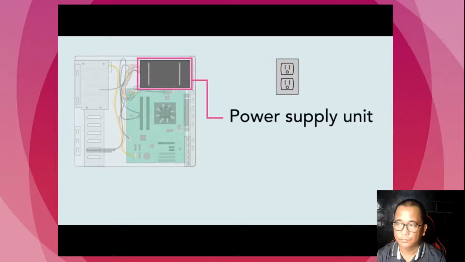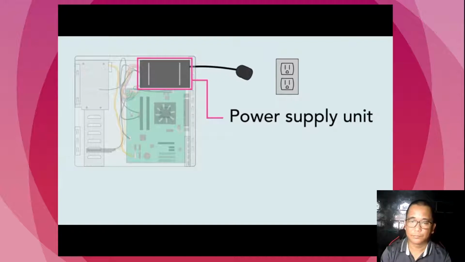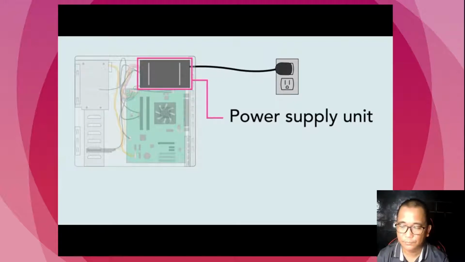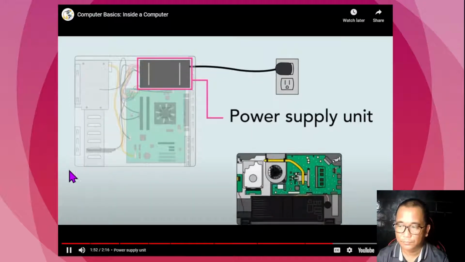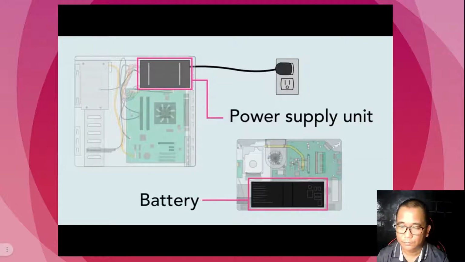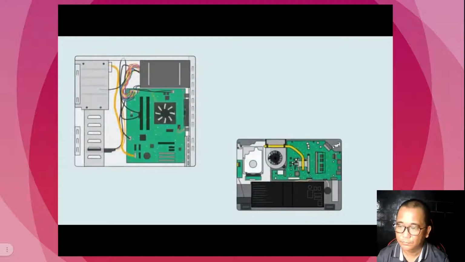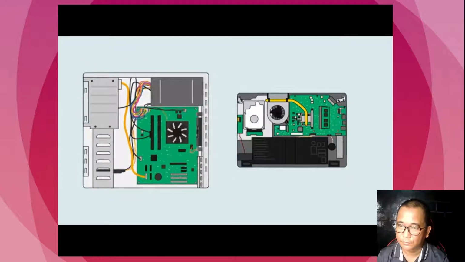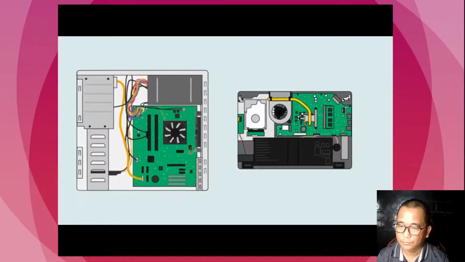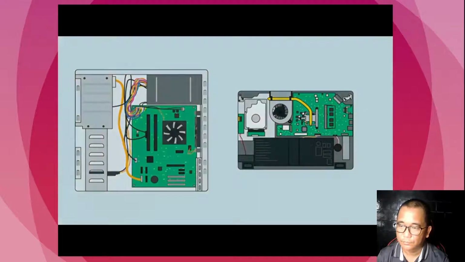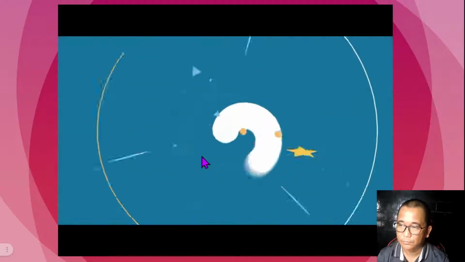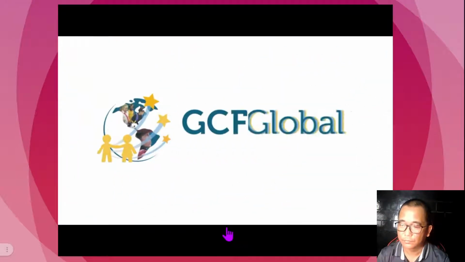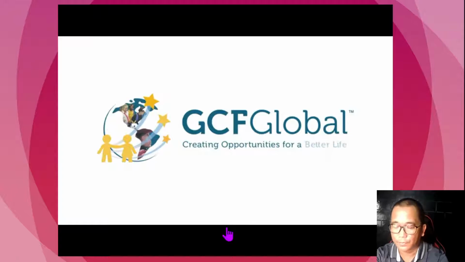The power supply unit is designed to take power from the wall outlet and send it to all of the different components that need power. Laptops also contain a built-in battery that lets you use them anywhere. A computer is a pretty complex machine, but now that you've seen what goes on inside, it should be a little less mysterious. GCF Global, creating opportunities for a better life.